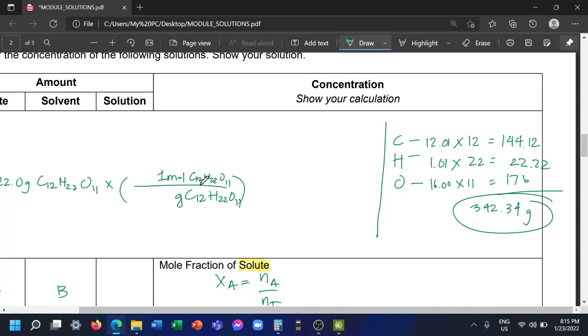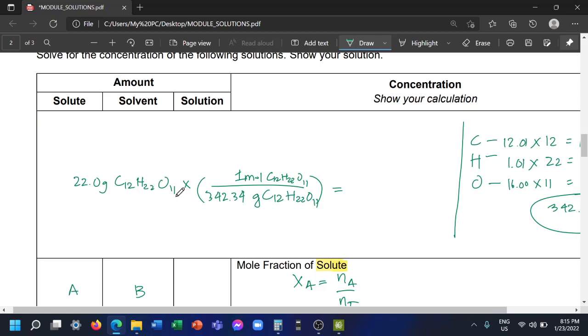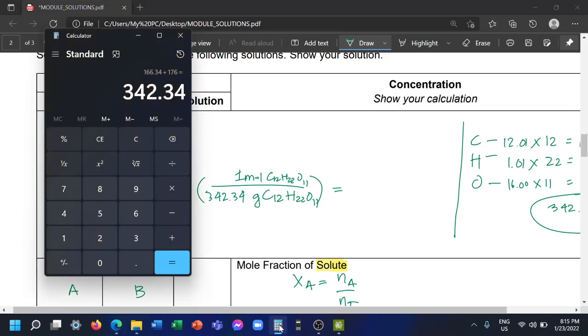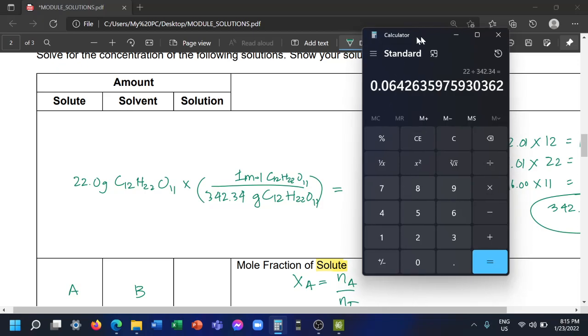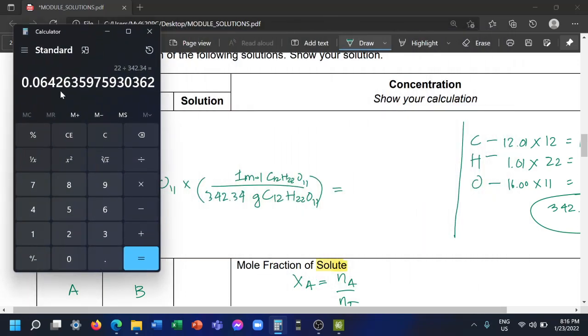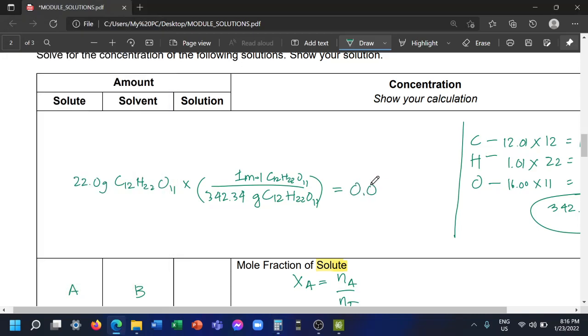So this is the molar mass of the compound. 1 mole of C12H22O11 is equal to 342.34 grams. Now we're ready to convert. That's 22 divided by 342.34, which is 0.0643 moles of this compound.